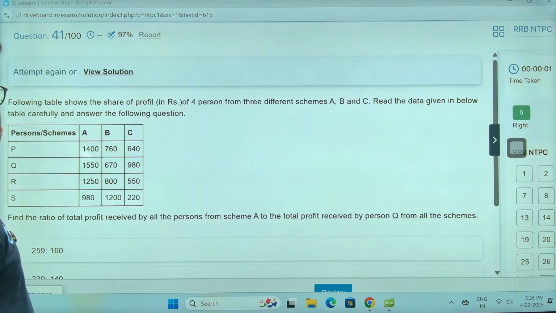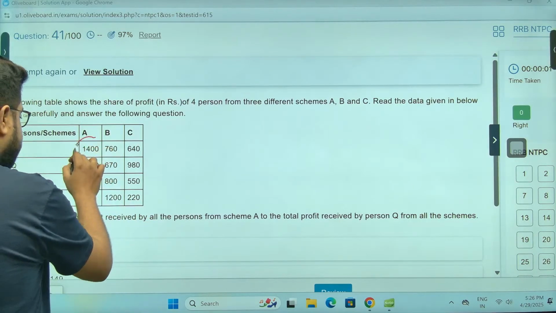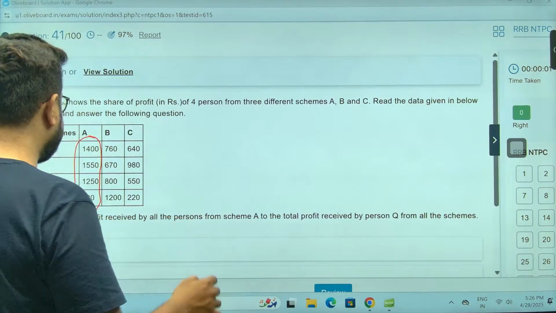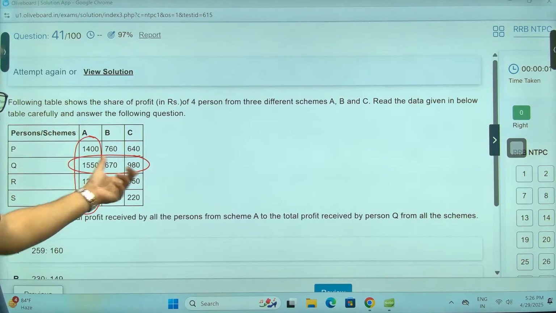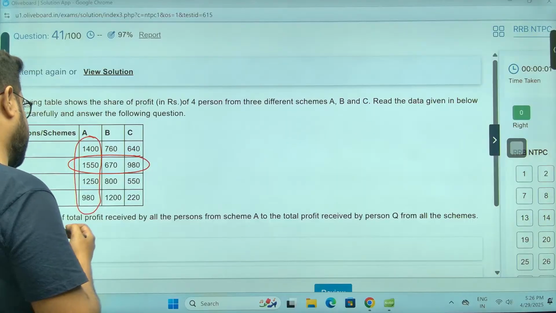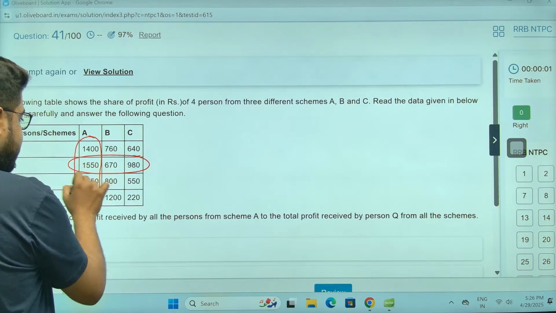What is given? The ratio of total profits from scheme A, total profits from the other scheme, to the total profits received by person Q. This sum by this sum ratio. This is 16 and 12, 1600, 1200, cancel 50, 50.